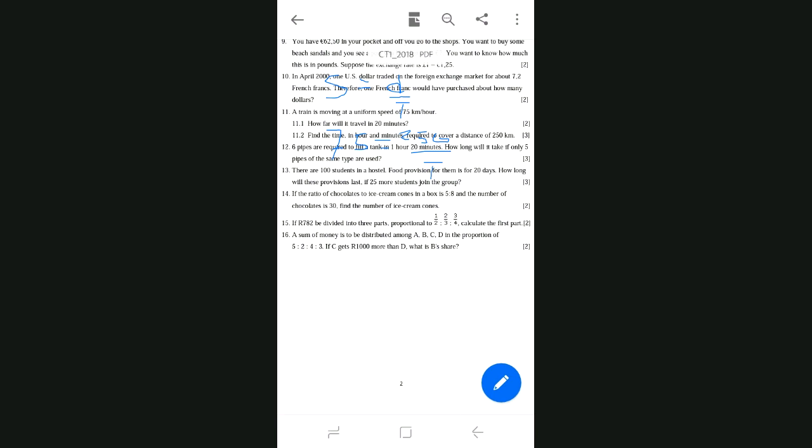So please always ensure that your units are matching. Kilometers per hour. Have you seen that? So your time will simply be 250 divided by 75.